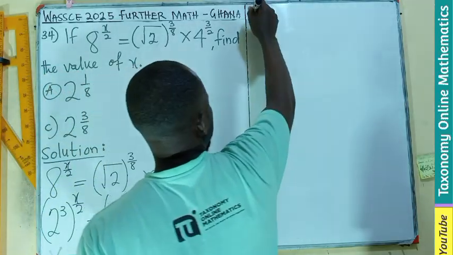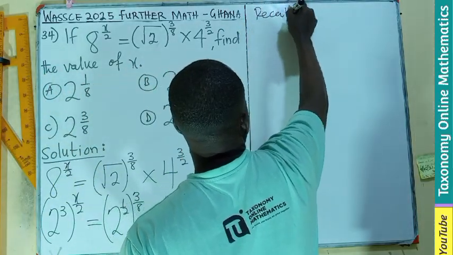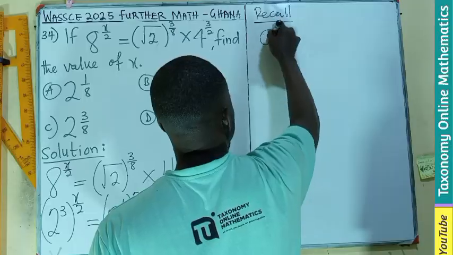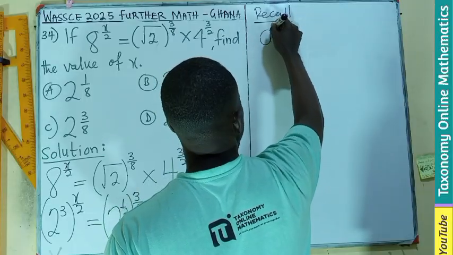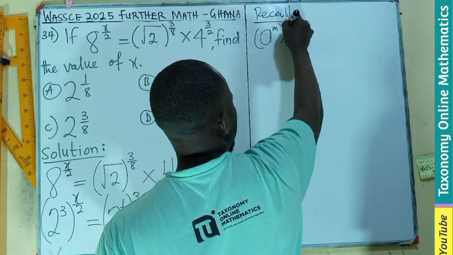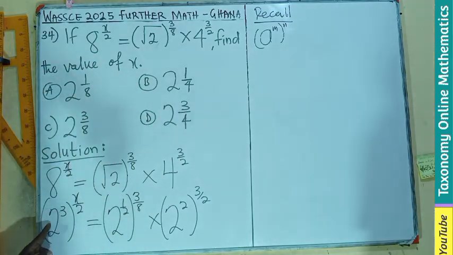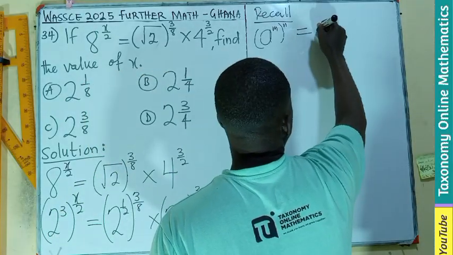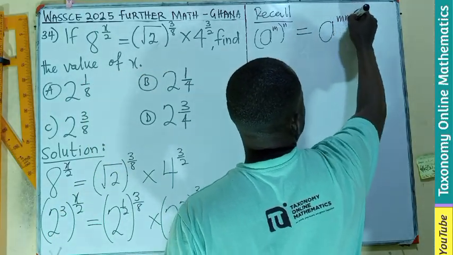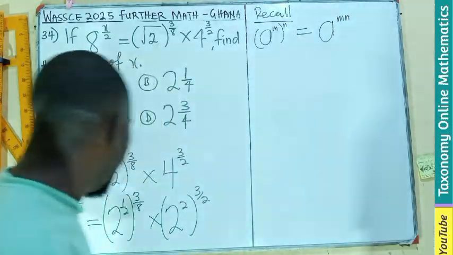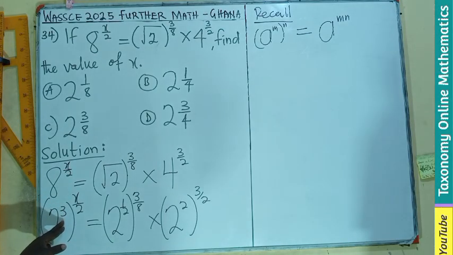Remembering that if I can do a recall, if I have a^m raised to the power n, in this form, as you can see here, this is a^(mn). What happened is that we only multiply the exponents, that is m times n. Same will happen here. So this is a whole number 3. This is a fraction. So 3 times x/2, the 3 multiplies the numerator alone.